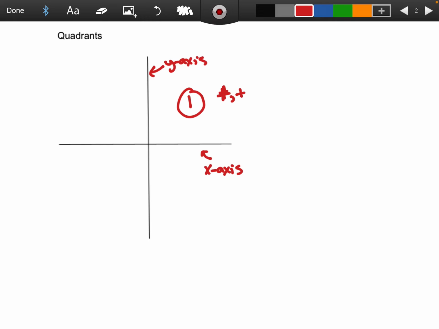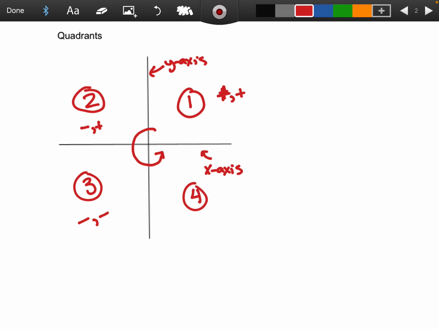Then from here, we go counterclockwise. This is quadrant 2, and any point here would have a negative x coordinate and a positive y coordinate. Then we move down to quadrant 3, where everything is negative x coordinate, negative y coordinate. And then quadrant 4, where we have a positive x coordinate and a negative y coordinate.